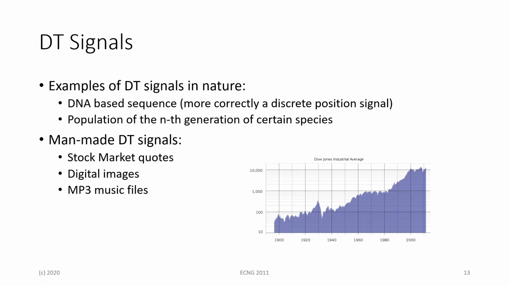Population sampling is also a discretized time signal. It is also possible, because discretized time signals are digital in nature, that you can generate your own. In particular, it can be stock market quotes, digital images that you take with your cameras, MP3 music files and so forth.